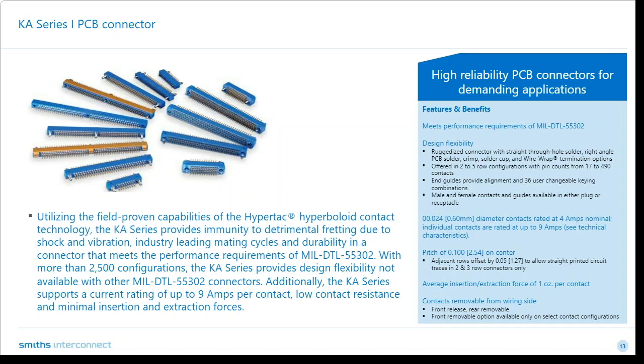What it does from a benefit standpoint is bring about the flexibility one needs during the design phase. The rugged connector with straightforward through-hole solder process, right angle PCB solder option, crimp cup, crimping solder cup, and wire wrap termination options offers anything between 2 to 5 rows of configuration with pin counts from anything between 17 to 490 contacts.